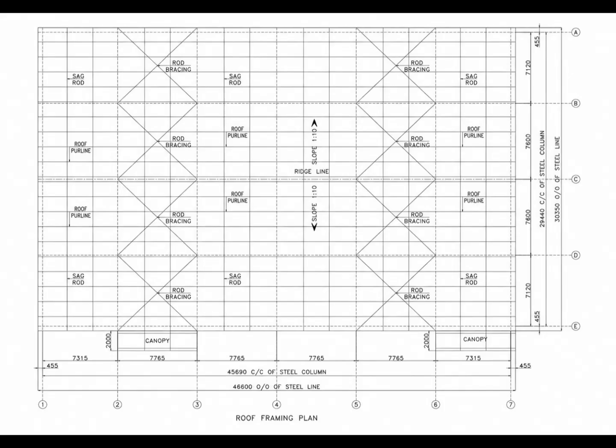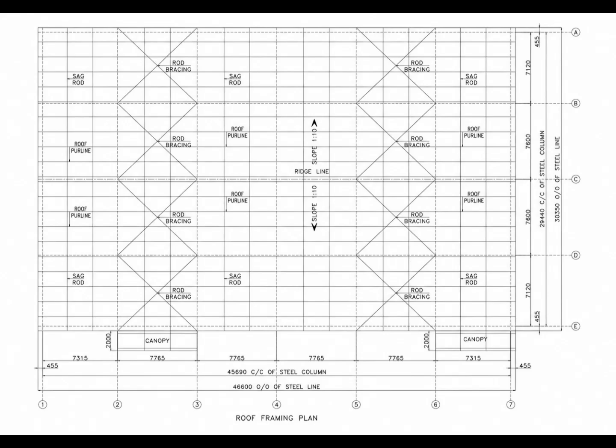Now move your attention toward the lower half of the drawing. Again, we can see sag rod indications on the left, middle, and right portions. So this roof framing plan clearly shows multiple sag rod locations distributed across the roof framing arrangement.